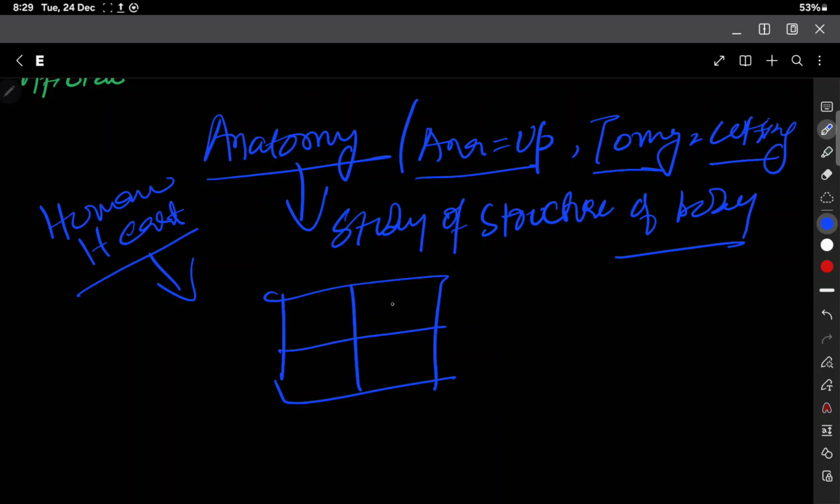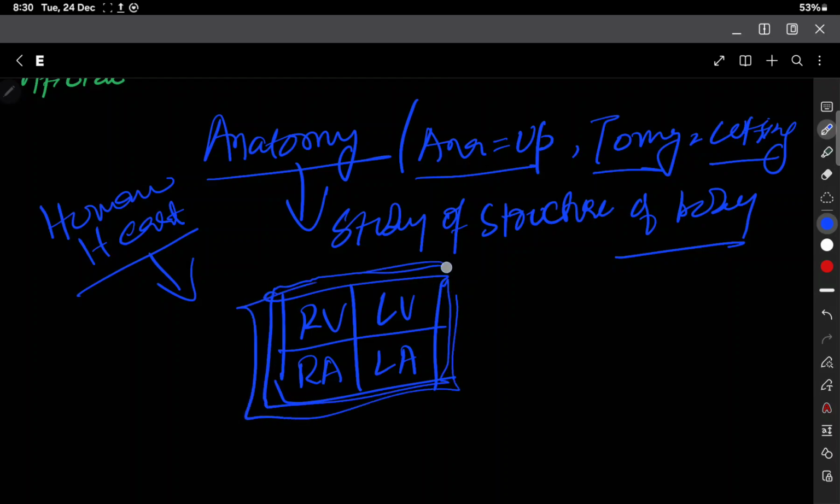Then there are various layers of the heart, for example pericardium, myocardium, endocardium. Then there are different nodes, for example SA node and AV node. And different valves, like bicuspid and tricuspid valve. So that we will be calling human anatomy.